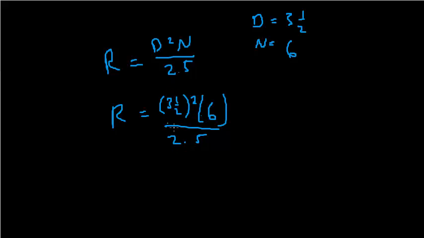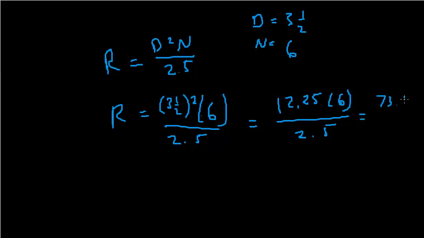We carry out our root first, 3 1/2 squared, which is 12 1/4 or 12.25, and that's still being multiplied by 6 all over 2.5. Next, we can multiply together our 12.25 and our 6, which gives us 73.5 all over still that 2.5.